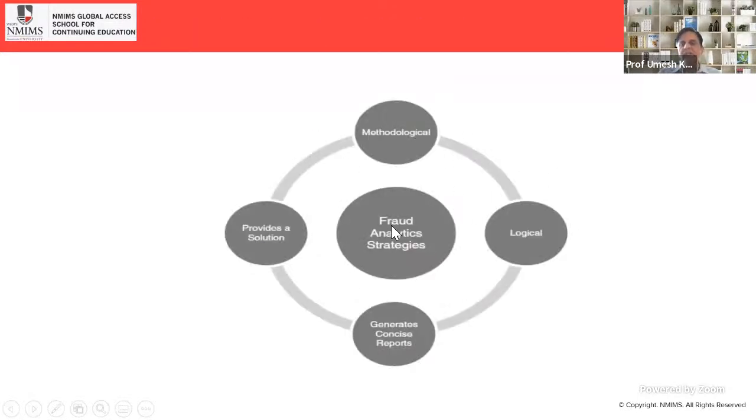So what does your fraud strategy depend on? It depends on the methodology or the variables that you've chosen in the model. It depends on the logic, the rationale for why you're doing what you're doing. Why is this variable included? Mainly relying on the concept of reliability of data and validity of the data. It generates reports.